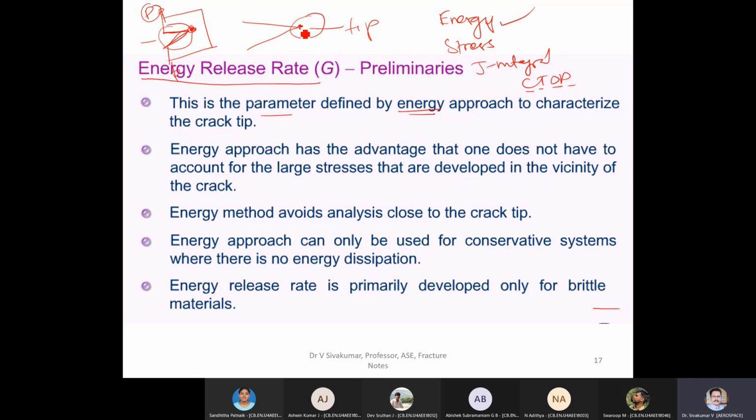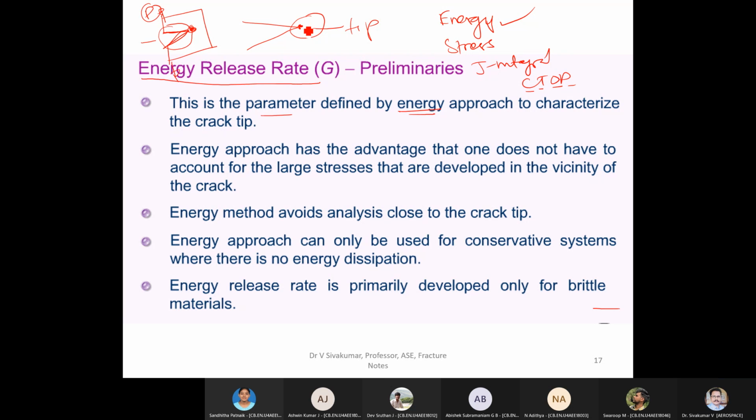That will cause a lot of problems to account for. So with the energy method you need not bother about the stresses accumulated at the crack tip. The energy method avoids analysis close to the crack tip.